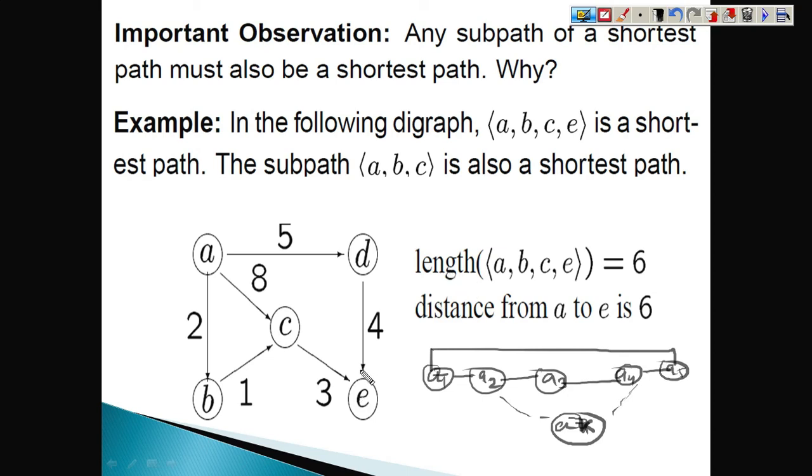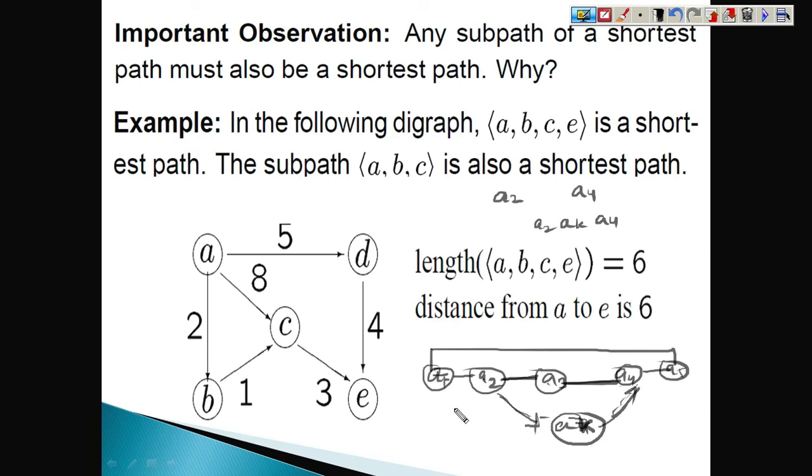Now let us try to prove by contradiction that any subpath of this path will always be the shortest path. So let's say A1, A2, A3, A4, A5 is the shortest path, already proven. And now we are claiming that the shortest path from A2 to A4 will be A2, AK, A4, not this path. This is what we are claiming.